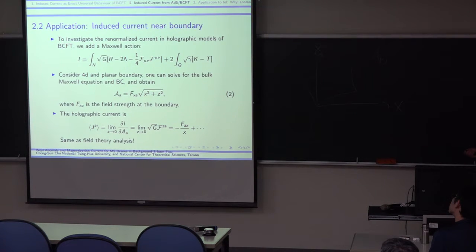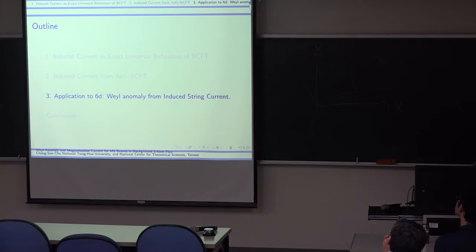If the current is coupled to A, it is due to a background Coulomb field in the bulk. So we turn this on and do the standard computation. We get this 1 over x, and this X A. This gives the form of the current you have in the field theory.